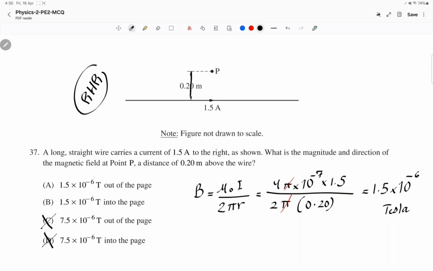So, point your thumb to the right side, and you have to curl under the wire. The fingertips will point into the page under the wire, but they will point out of the page above the wire. So at point P, which is out of the page, the answer is going to be choice A.